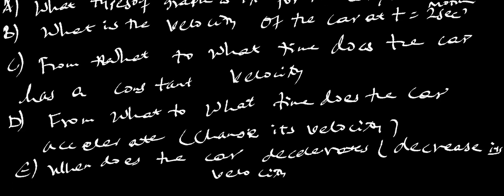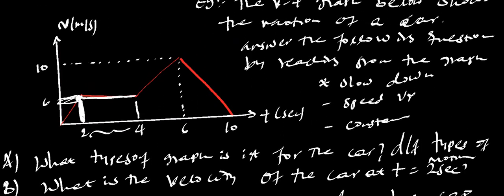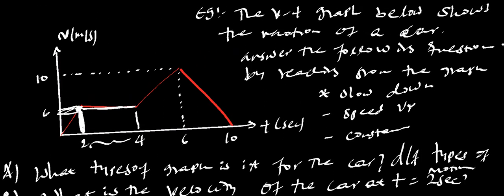D, from what time to what time does the car accelerate, or is there a change in velocity? Look, the car accelerates from 0 up to 2 seconds. It's accelerating here. And it also accelerates from 4 seconds up to this second.